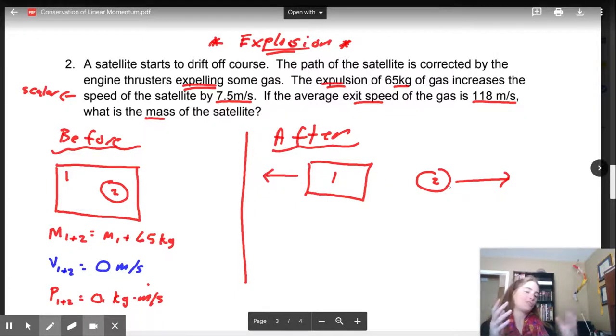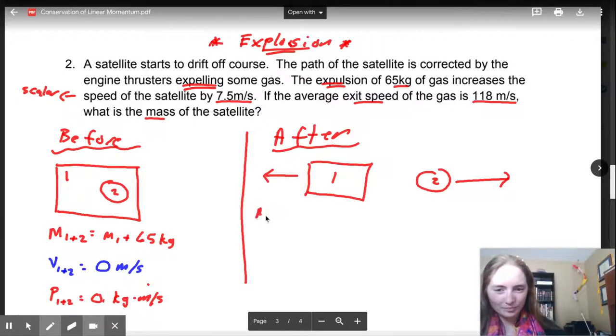Imagine a rocket sitting on its launch platform, and then as it shoots burning fuel and burning hot gases out the bottom, the rocket goes upwards. Initially there is 0 momentum. The momentum of that gas is going to be going one way, and the momentum of the rocket, or in this case satellite, is going to go the other way. But when you add the two together, it's still going to get 0, because one's going to be positive and one's going to be negative, and they're going to cancel. Isn't that awesome? I love it.